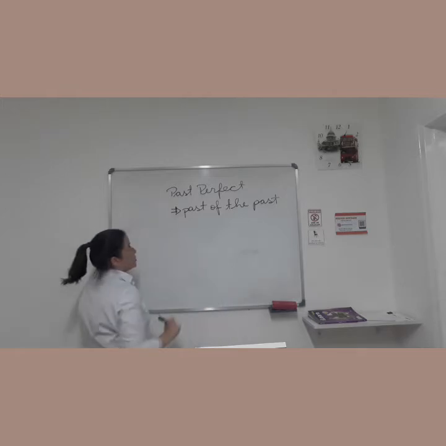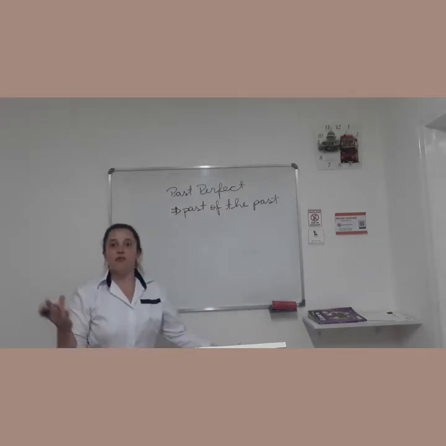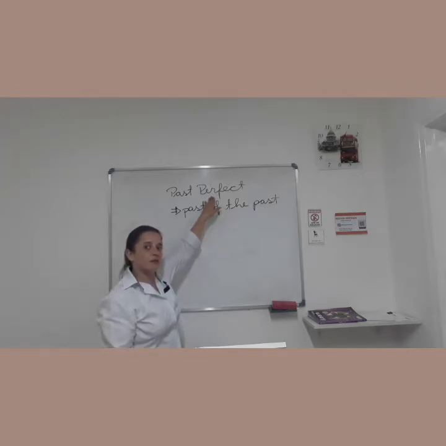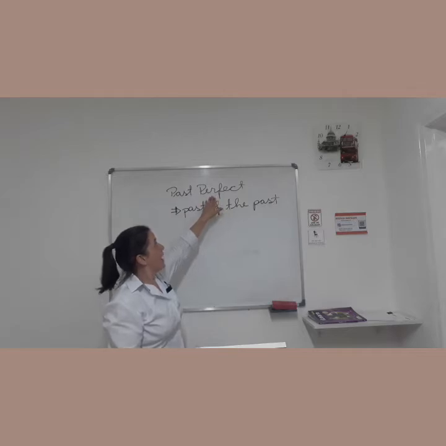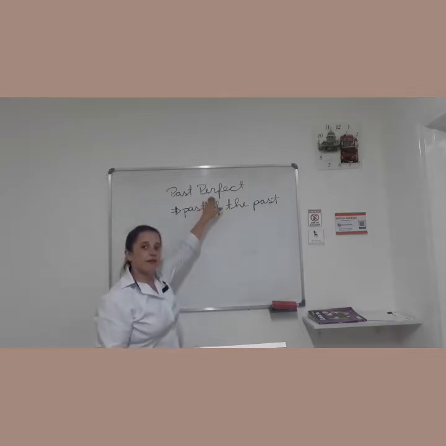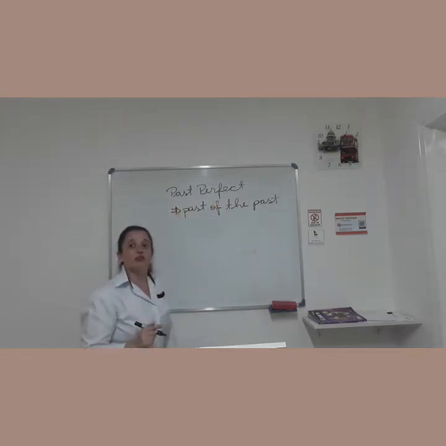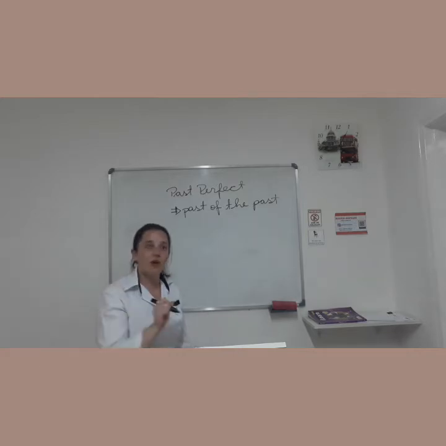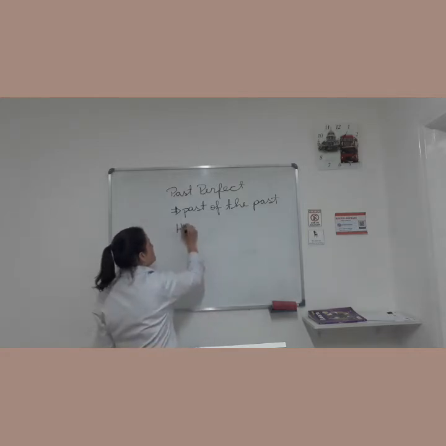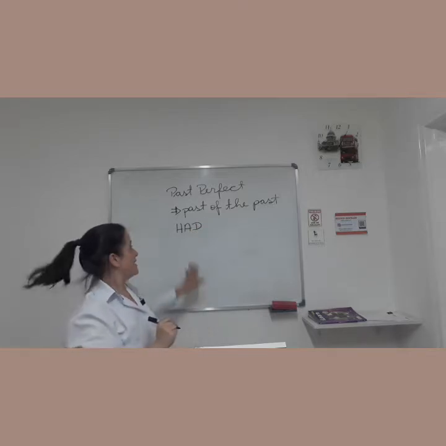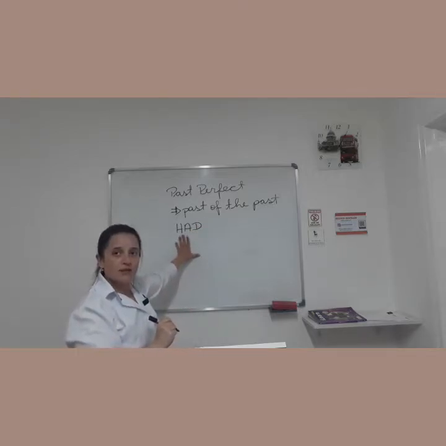So, the construction of the past perfect. First of all, if it's perfect, the auxiliary verb is the verb to have, plus the third column, the past participle. But it's about the past, so what do we have to do? We have to put the verb to have in the past: had. Teacher, is it had for all persons?